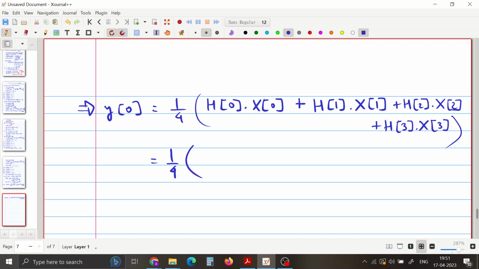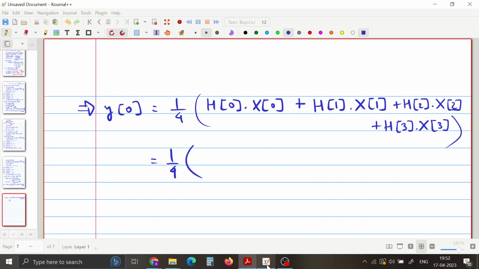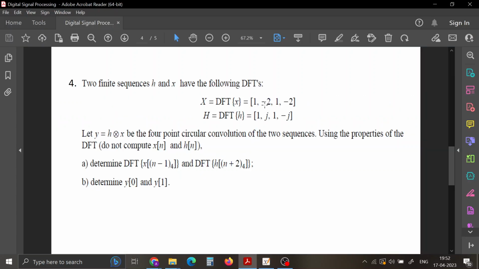So capital H of 0 and capital X of 0. We need to take the first elements of these DFT coefficients and then multiply. So the first elements are 1 and 1 each. Both of them are 1. So it's 1 times 1 plus now capital H of 1 times capital X of 1. So you have to take the second elements from the two vectors and multiply them.